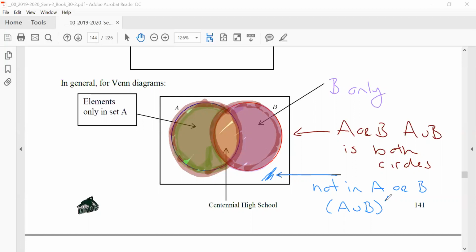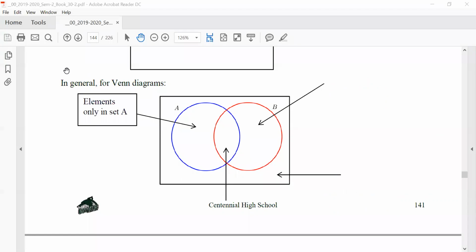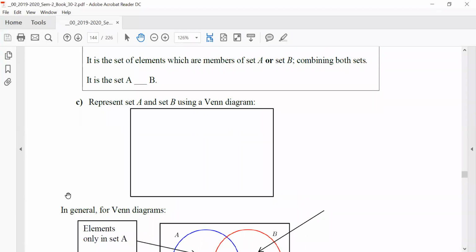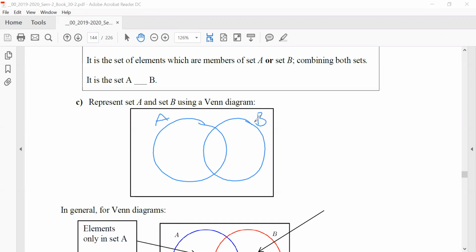So if we go back up to the example we had before, let's scroll back up here. And we drew A or B. Again, here's A, here's B. And we had these numbers. So the two numbers that were divisible by 3 and 5, that was those guys. And we had these ones here, divisible by 3.